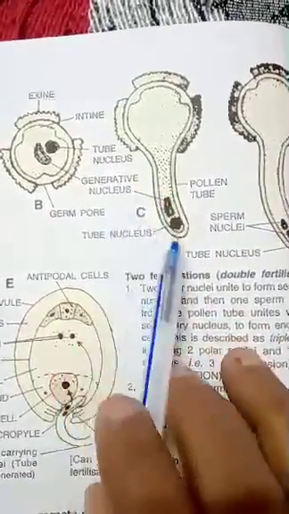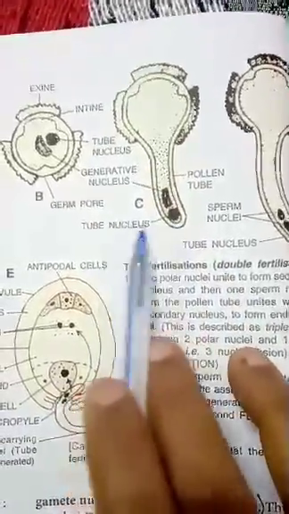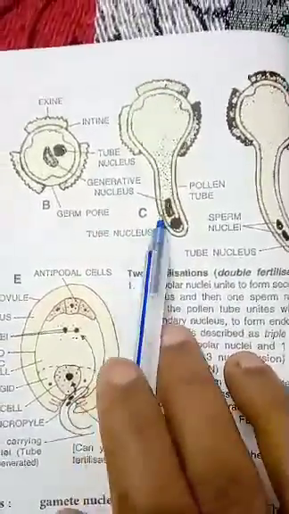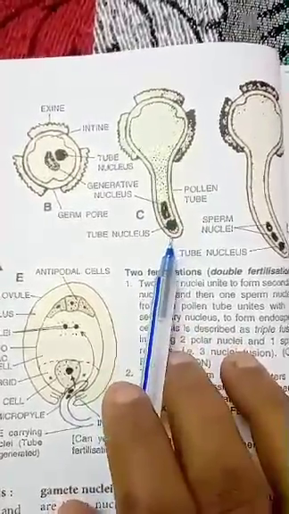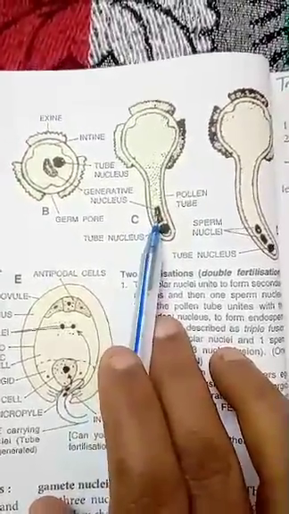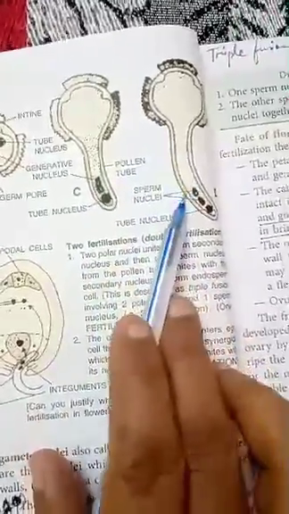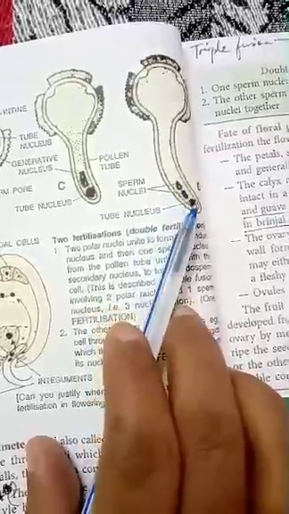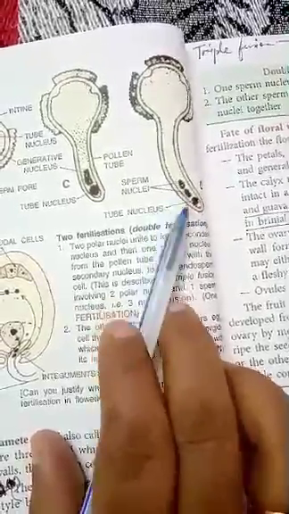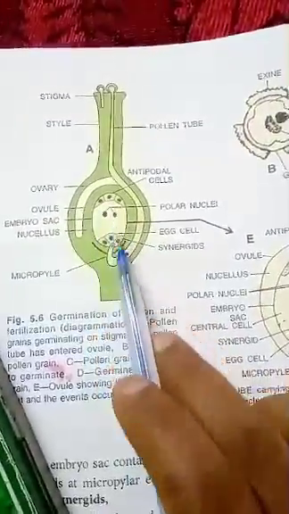Now the generative nucleus and tube nucleus have moved to this part. The function of the tube nucleus is to help in forming the path for the pollen tube, so that the generative nucleus may move forward. While moving, the generative nucleus divides into two sperm nuclei, and the tube nucleus goes on making the way for these sperm nuclei. Finally, this tube reaches the ovule.